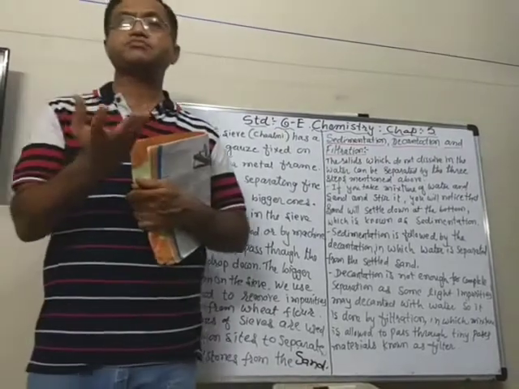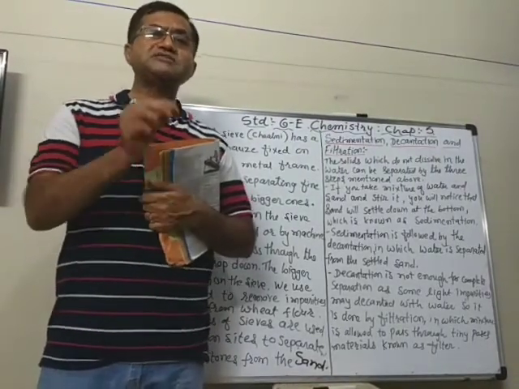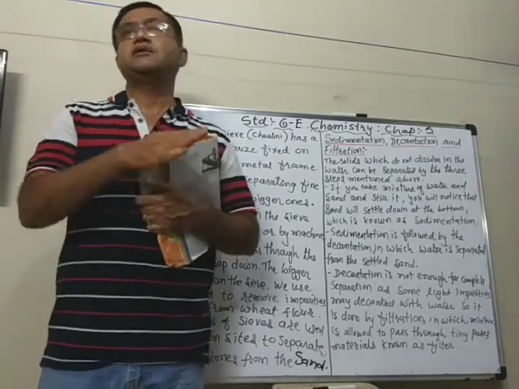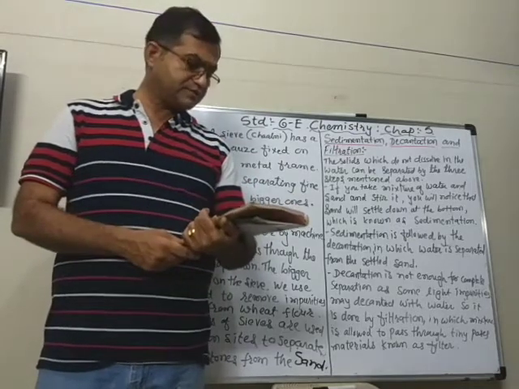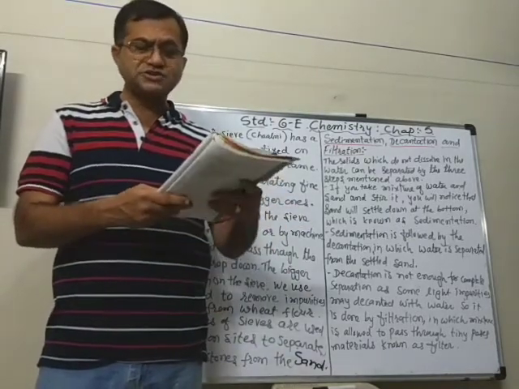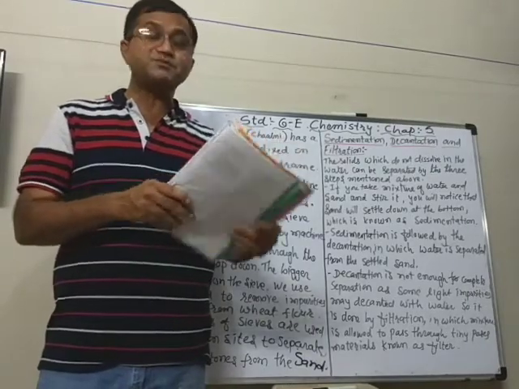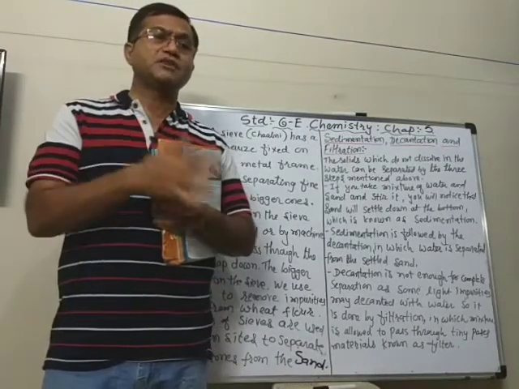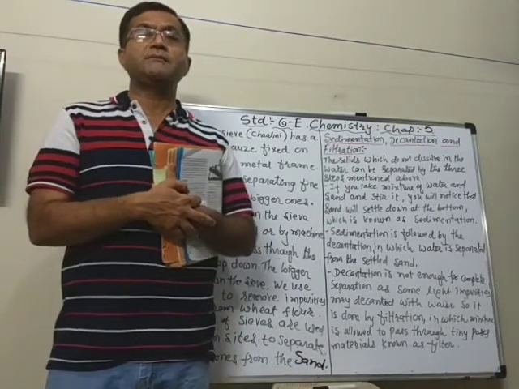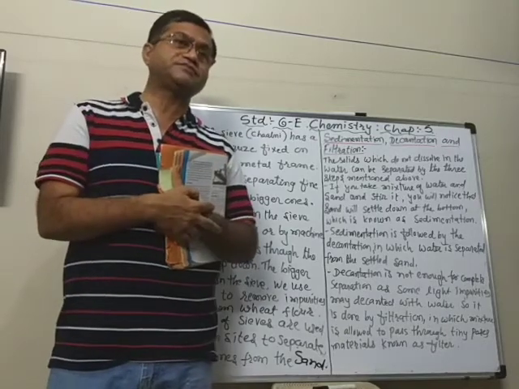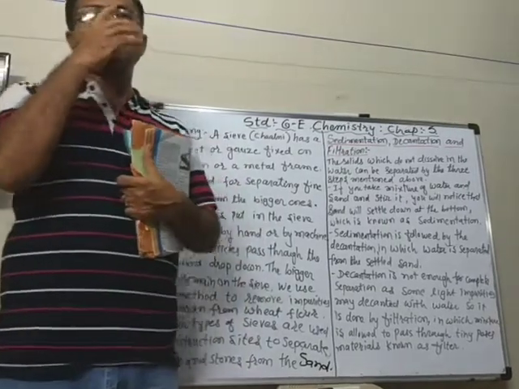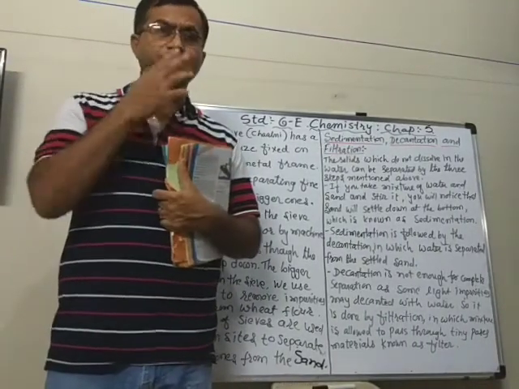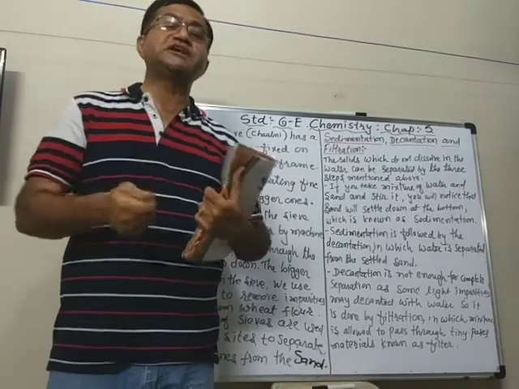It means that if in a mixture there is a size difference, only then we can separate them. So sieving is used when components of a mixture have different sizes. If they have the same sizes, we cannot separate them, but there should be a difference. For example, if in the wheat there is some very fine dust, then we can use that sieve.